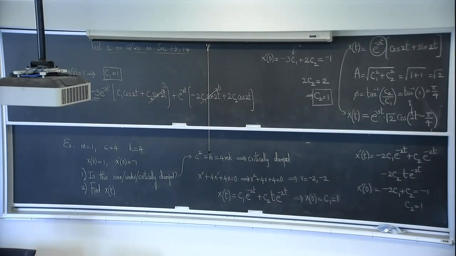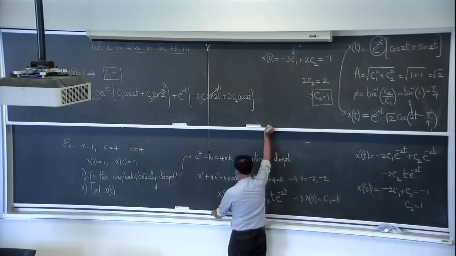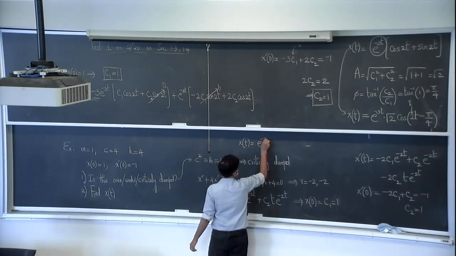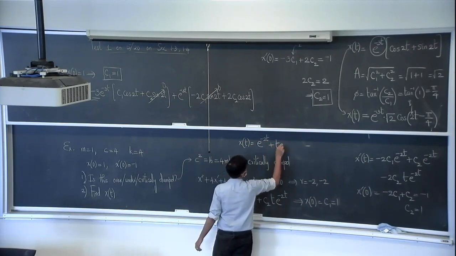Cannot stop getting ones. So that's it. There is nothing much to do here. So your final answer is x of t equal to e to the power of negative 2t plus t e to the power of negative 2t.